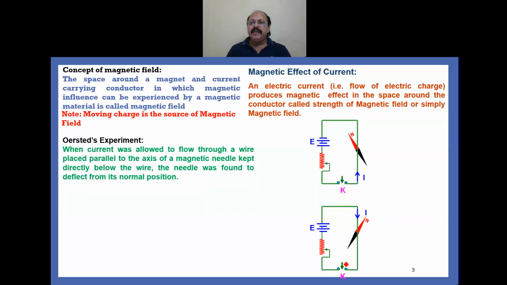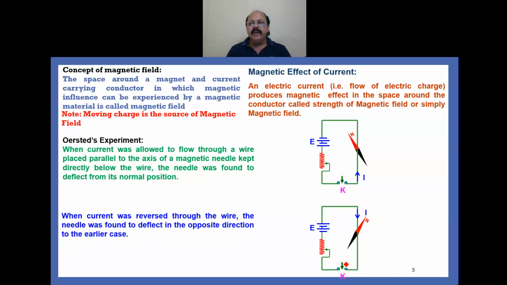This indicates that if there is no current, then there is no magnetic field around the conductor. If there is a current, then there is a magnetic field, and the magnetic influence can be experienced by a magnetic needle. So that is the magnetic effect of current, or the Oersted experiment.